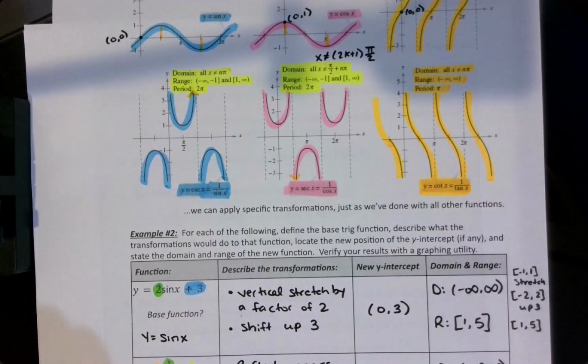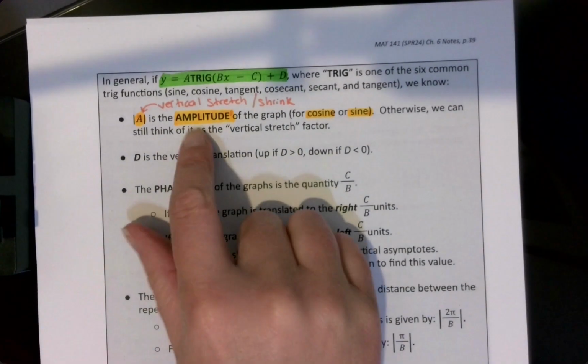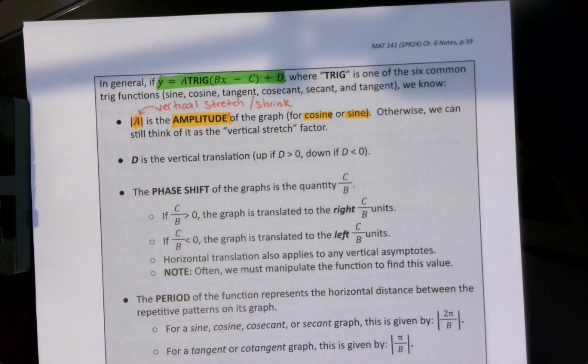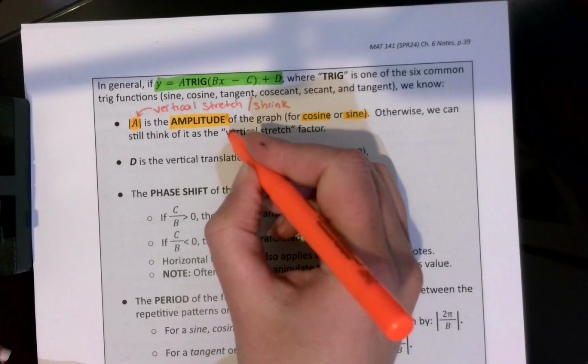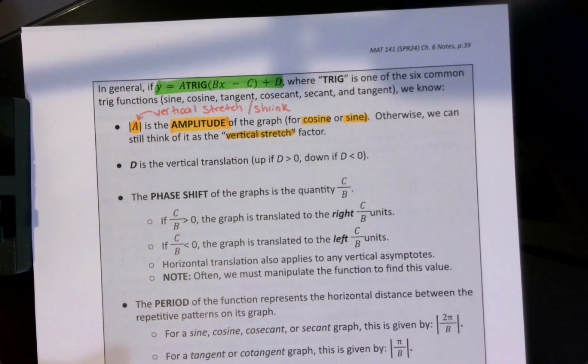So the only two that we can apply the word amplitude to are sine and cosine. Otherwise, we think of this as the vertical stretch, as we were saying up here. A is the vertical stretch. Amplitude is the special case word that we can use for vertical stretch in terms of sine and cosine.